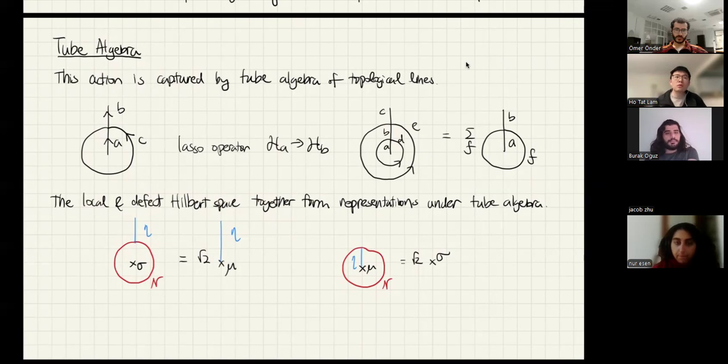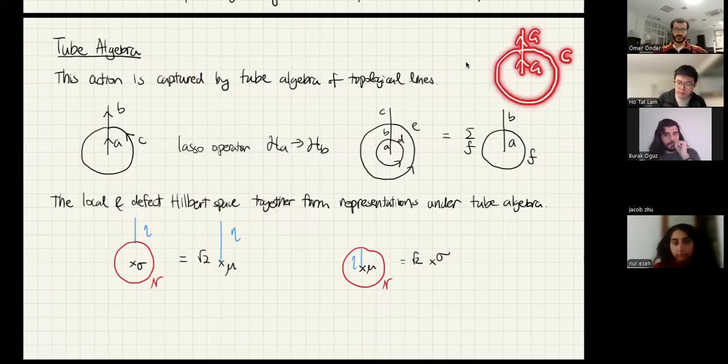Generally, yeah, you can also think of it this way. But I think the better way to think about this is that you should think about the combined things as a representation under these tube algebras. Of course, you can always truncate your tube algebras and insist on considering only something like A and then with C inserted.